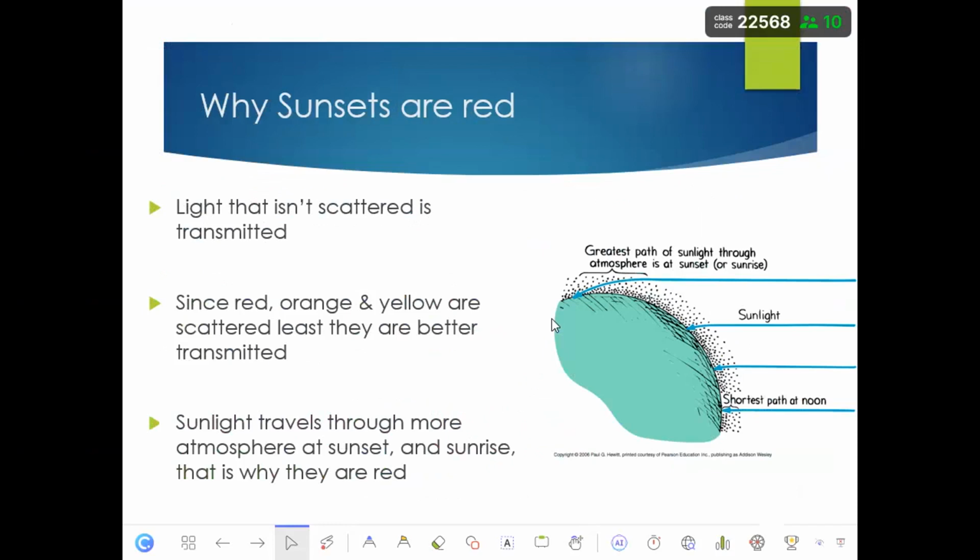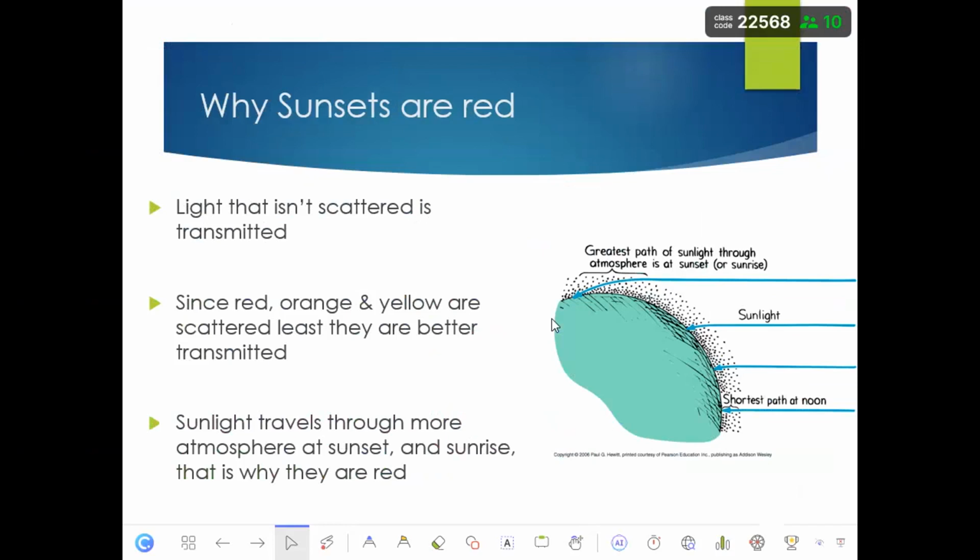Why are sunsets red? In the middle of the day, you see the sky blue, and the light is just white, visible light. But during the sunset or sunrise, you will see red or reddish yellow color more than at any other time. Why? Because more light is being scattered by the atmosphere.